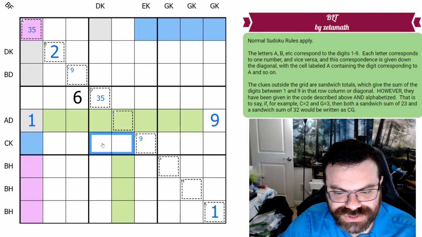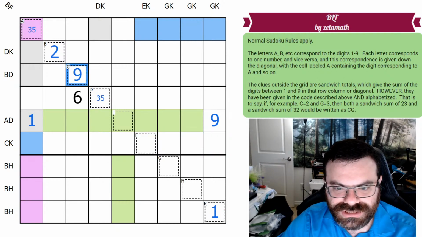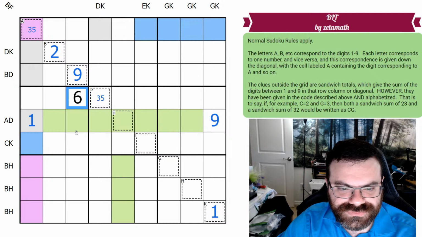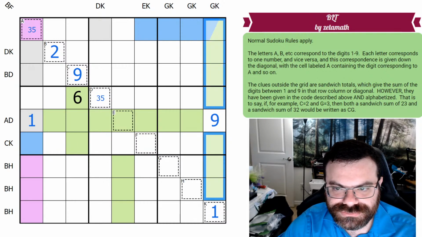We need to be at least 2 away in order to get a 2-digit number. And 1s can't go here, and this one C's here. So F is not 9. C is 9. So that's useful. I can mark these as green. These can all be green.